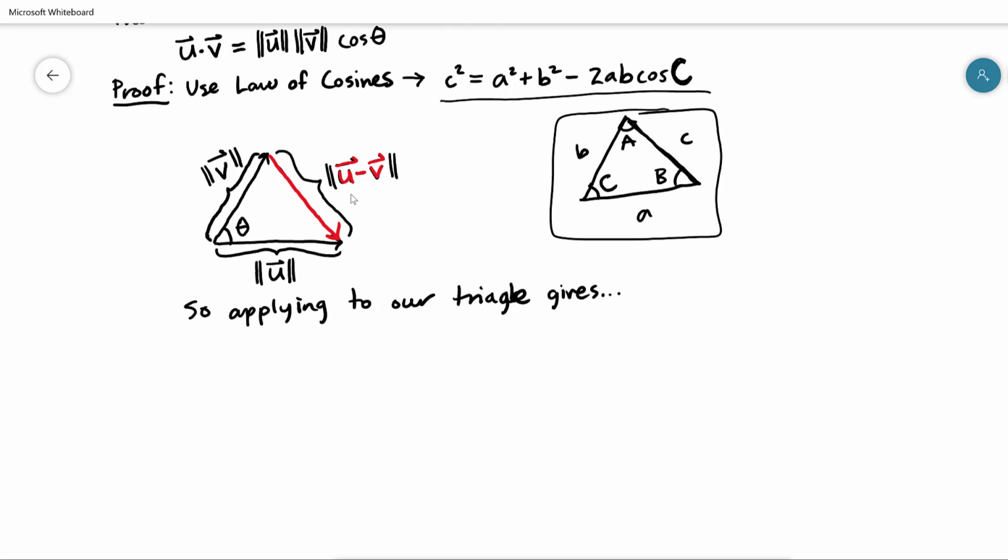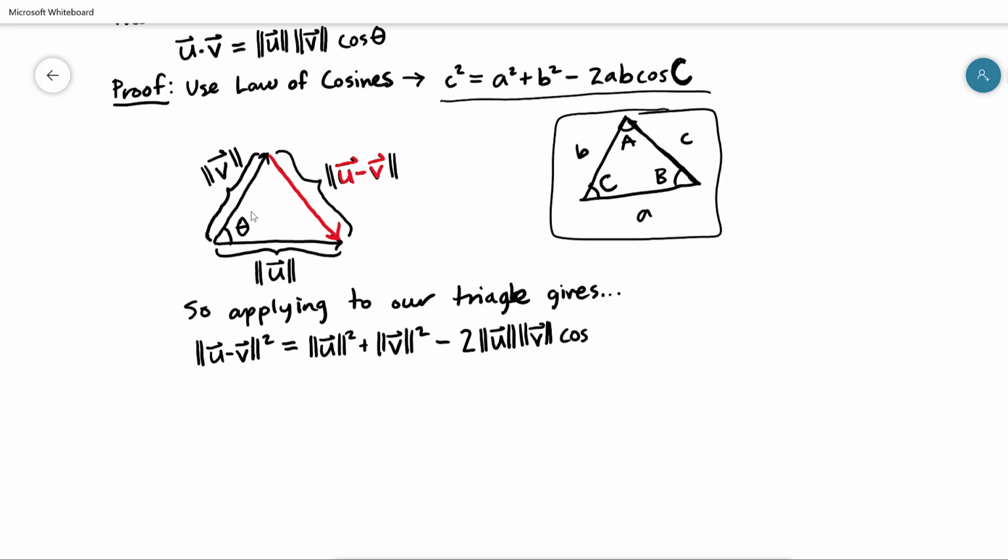So the length of side C squared, which is this side, the magnitude of u minus v squared, is equal to the sum of the other two sides squared, so the magnitudes of u and v squared, minus 2 times the magnitude of u, magnitude of v, times the cosine of the angle corresponding to capital C, but that's the angle opposite from the side C over here.